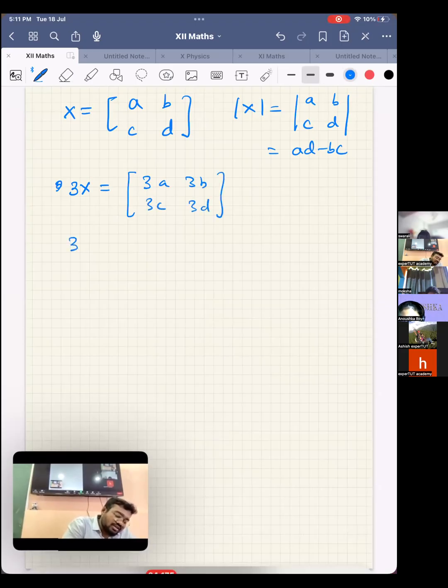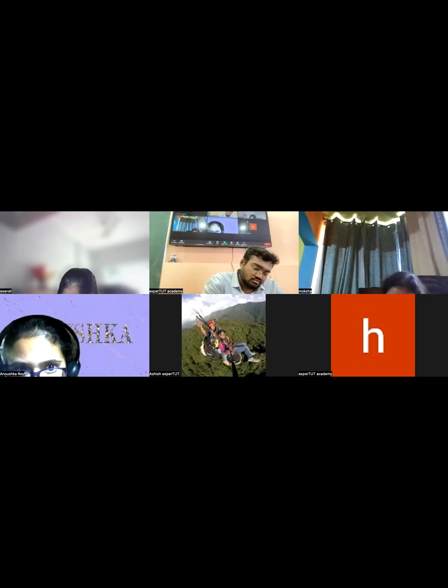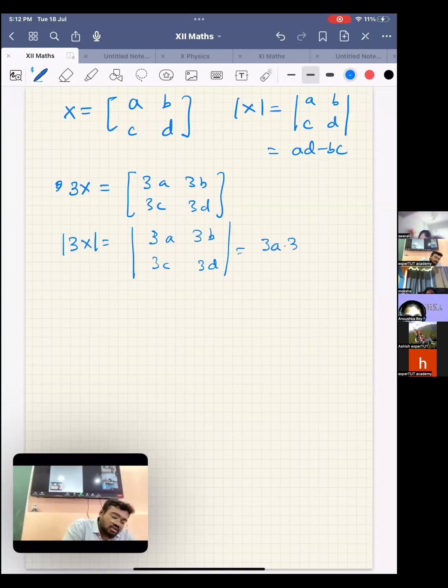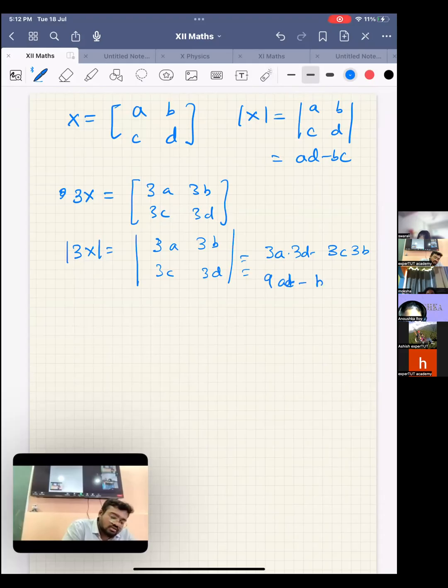If you take the determinant of 3X, this becomes 3a into 3d minus 3c into 3b, which is 9 times (ad minus bc).